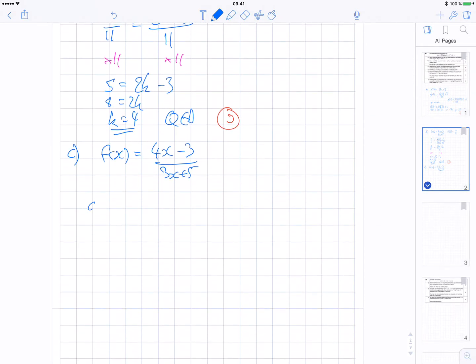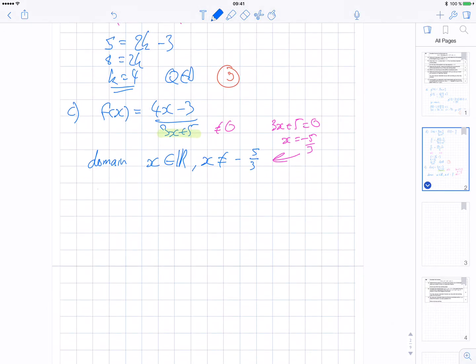So the domain, x can take all real values, but it cannot be when the denominator is equal to 0. So therefore, x cannot be the same as minus 5 over 3. We can't let that be equal to 0, so that's why x is not minus 5/3. You could have done 3x plus 5 is equal to 0 and solve that and get x equals minus 5/3. That's where I get that from.